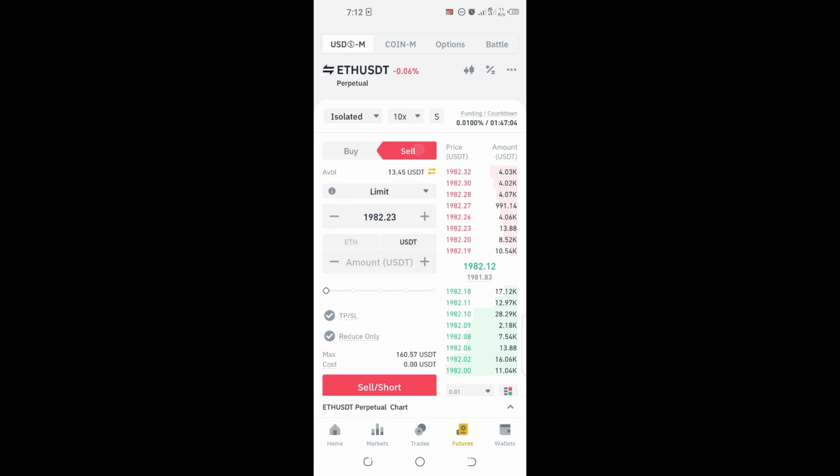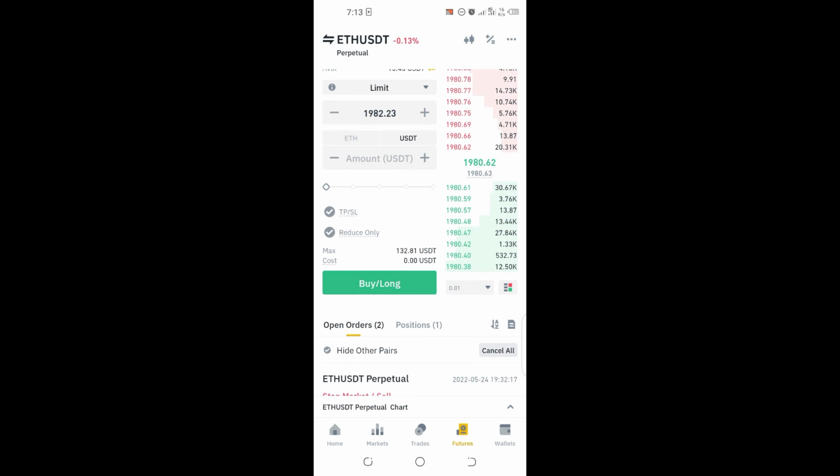If you want to sell, you will enter the trade at a certain price point where you speculate that the price of the asset will be decreasing. Once the price is actually decreasing as you speculated, you will be making a profit. Whereas if the price is instead increasing while you entered the trade as in selling, you will be making a loss. So that's that about buying and selling on futures.